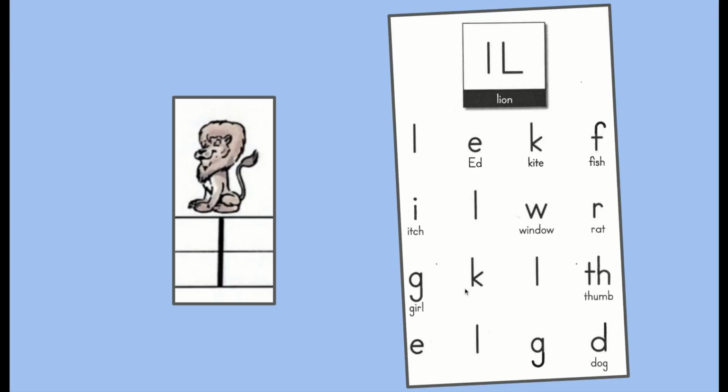Girl. Kite. Lion. Thumb. Ed. Lion. Girl. Dog. All right, let's practice those again.